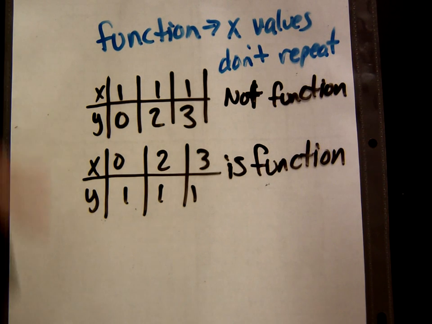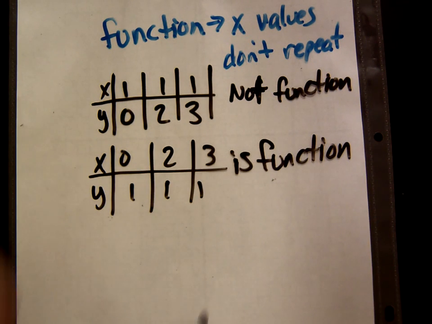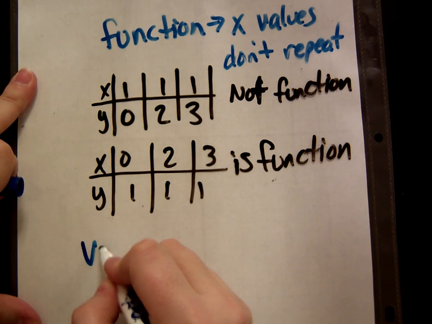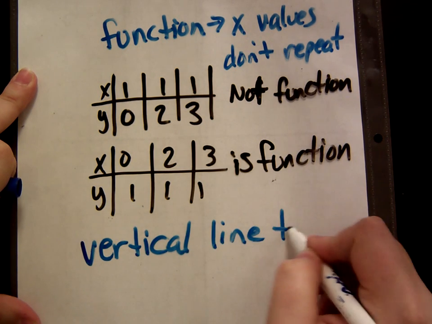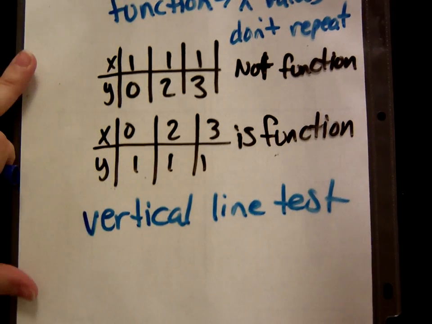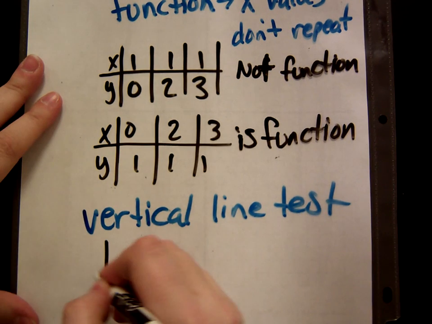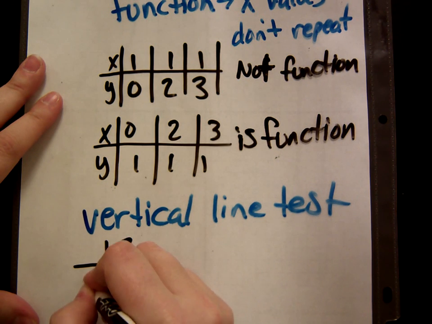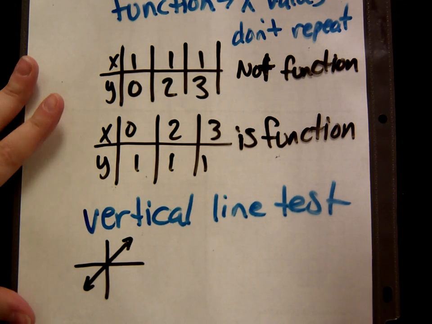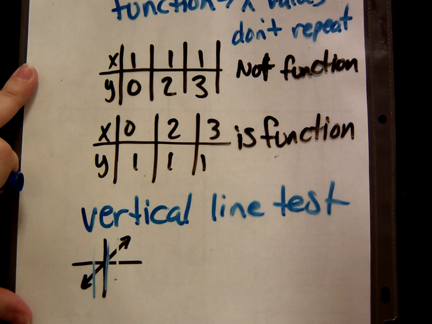Now, if you're looking at a graph, what you need to do is look to see if it passes something called a vertical line test. Now, a vertical line test basically is if you have a graph and if you were to draw a vertical line at any point on the graph, would it hit more than once?